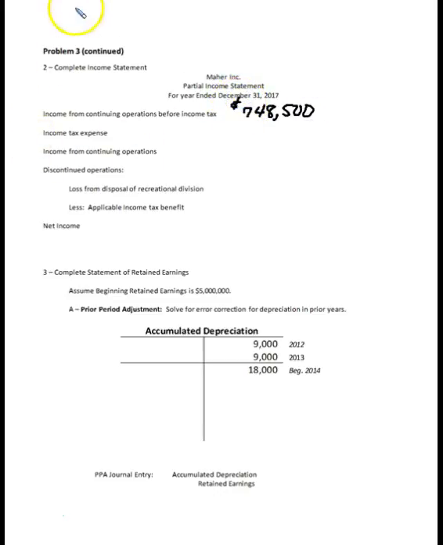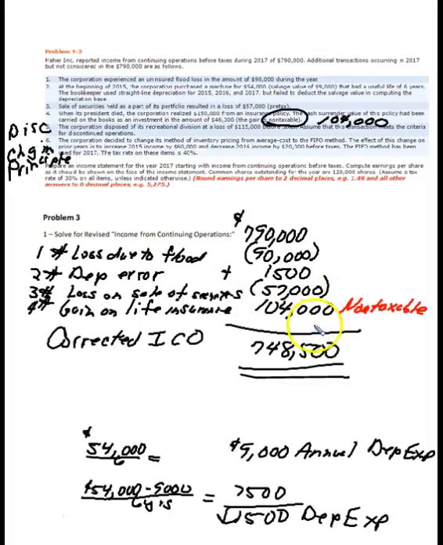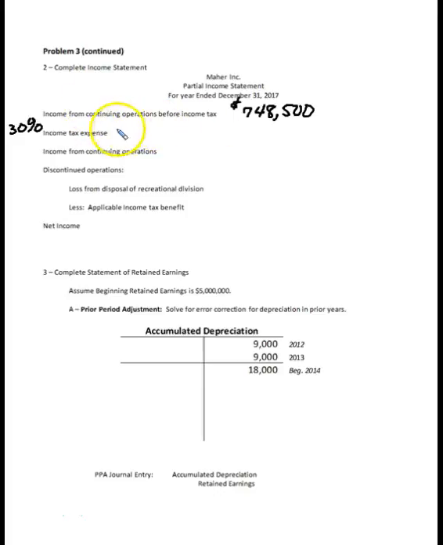Okay, and the narrative tells us the income tax rate is 30%, but I do want to remind us the company does not have to pay tax on this life insurance gain. So we'll take that $748,500, subtract the $104,000 of the gain.